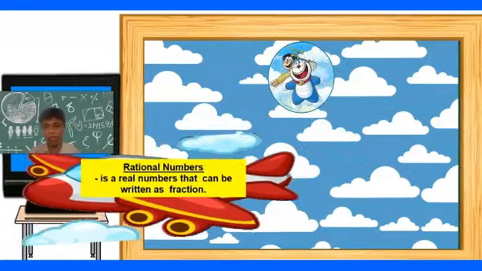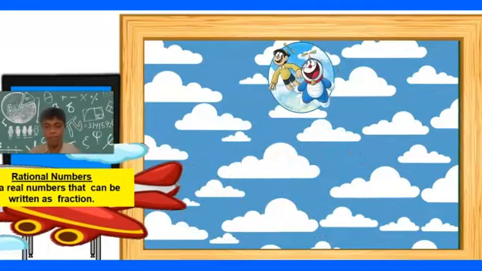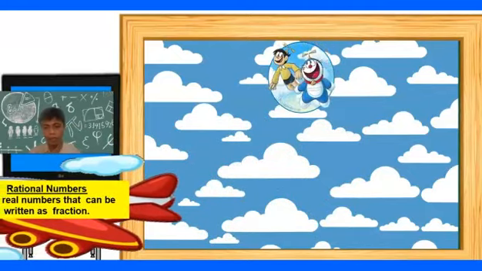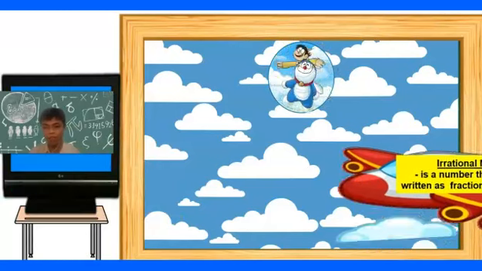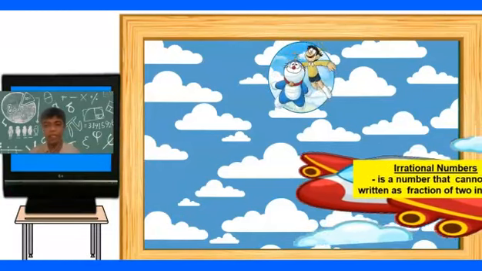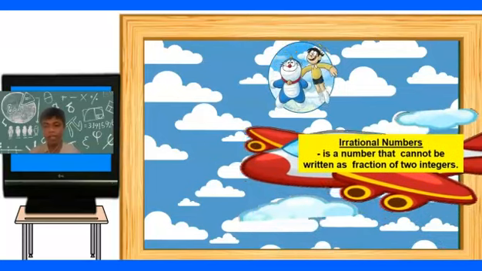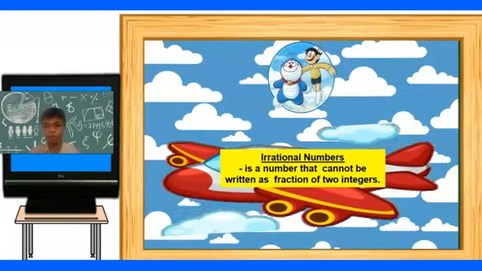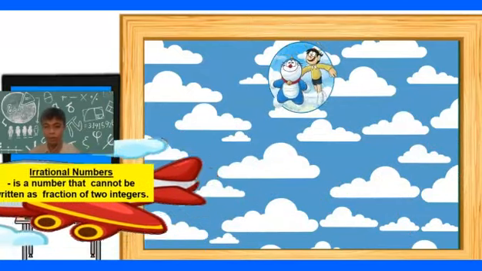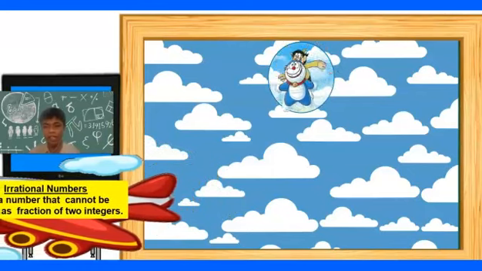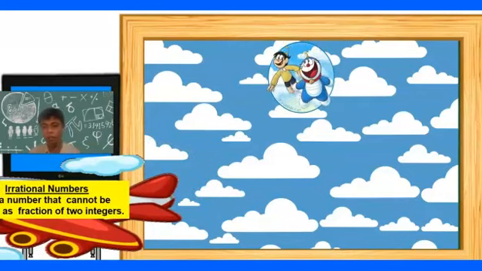So, dahil pinag-aaralan natin ay radical, lahat na may mga square root, lahat yun ay rational numbers. Ano naman ang irrational numbers? Irrational numbers is a number that cannot be written as a fraction of two integers. So, in radical, lahat ng mga walang square root, yung nakita natin kanina. So, ngayon, alam natin how to identify sa radical kung ano ang rational and irrational.